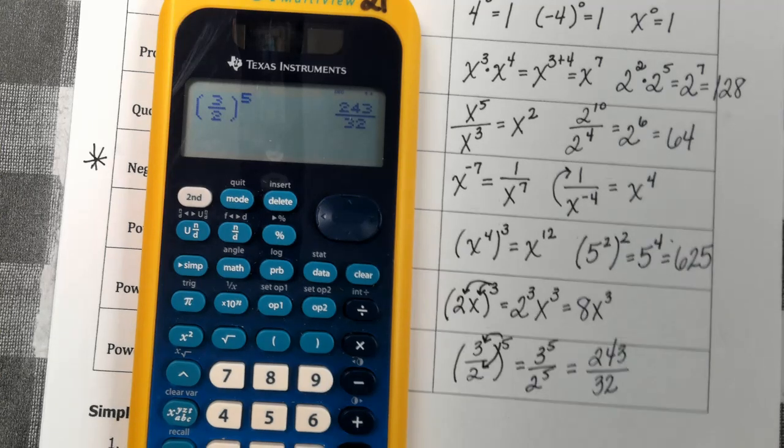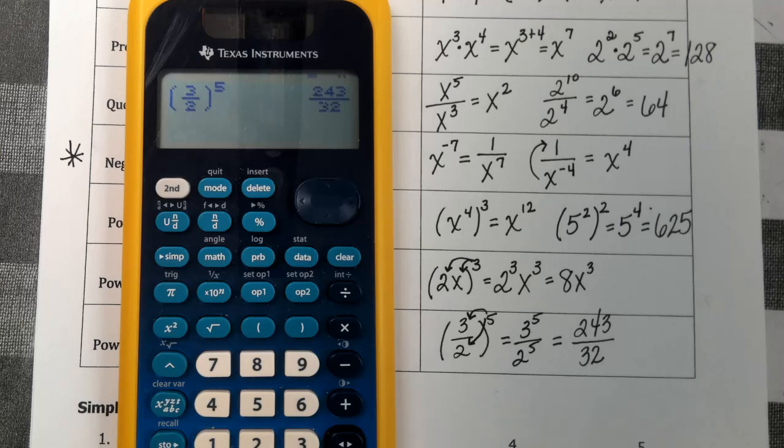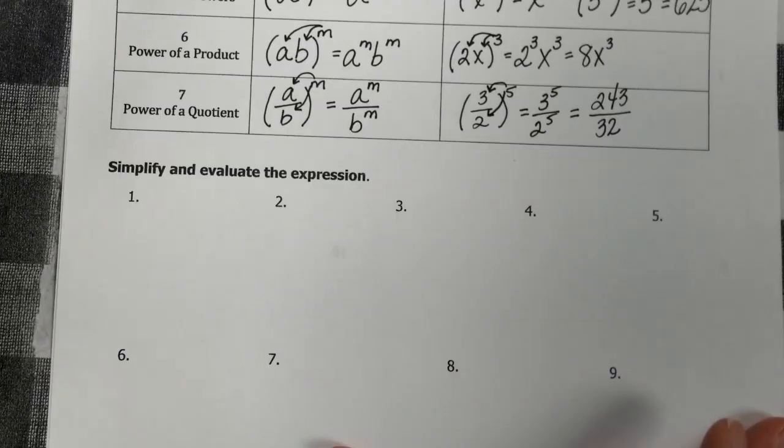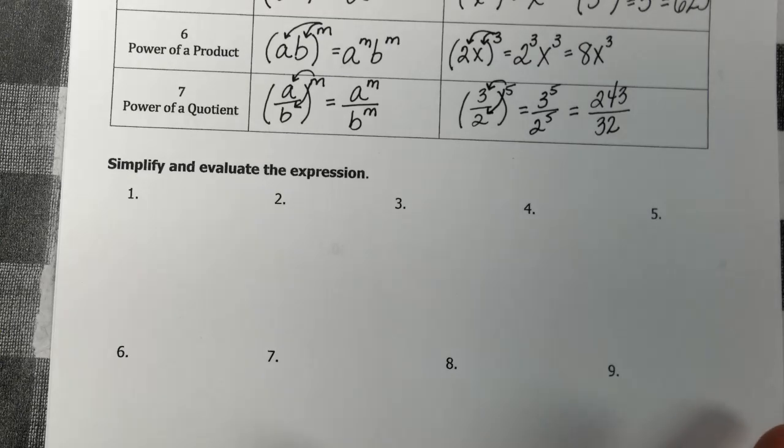I'm testing you and quizzing you over your properties. Okay, so that's why I have to see this middle part when you have numbers. Okay, do we all understand these rules? And my expectation of what you show. Okay. So we're going to have a bunch of examples, and with properties of exponents, the more practice, the better for you. Okay, because every single problem can be different.